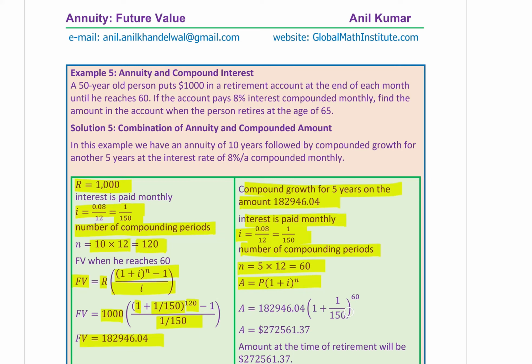Substituting the values, we can calculate the answer, which comes to 272561.37. So that is how you're going to answer such questions. $272,561.37. I hope this concept is absolutely clear, right?